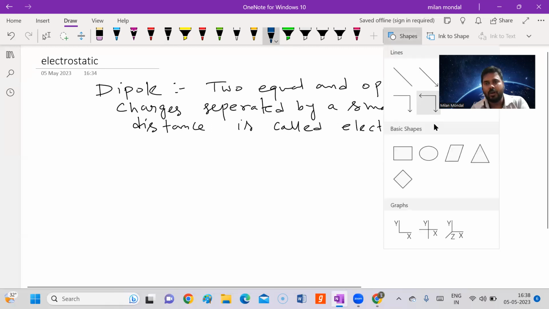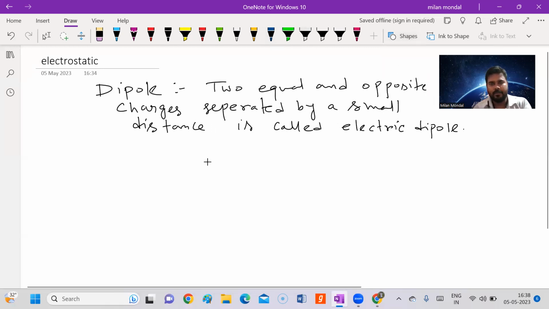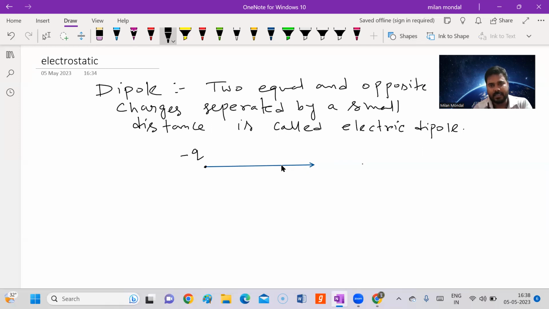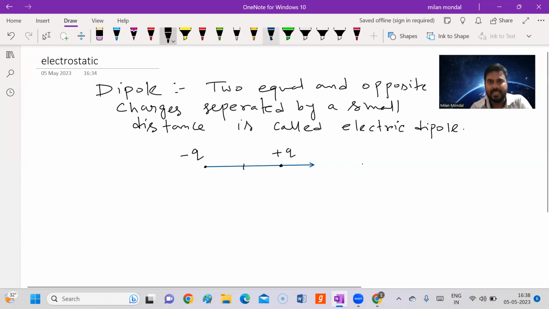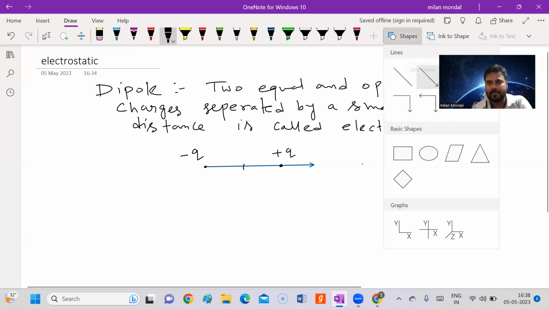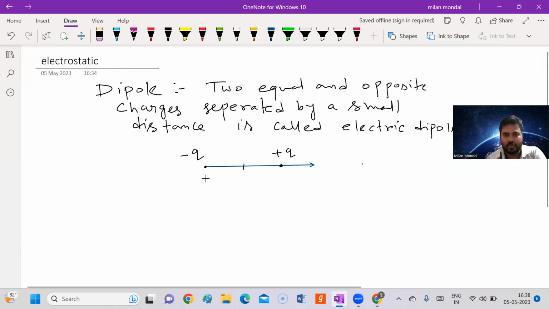So let us see how we can draw a dipole. Now that arrow is already present, we'll use that arrow also. Just suppose this is a minus q charge and this is a plus q charge, and we can take the distance as L also, but to solve the numericals easily, we divide this into two equal parts of length L and L. So the total distance will be 2L.